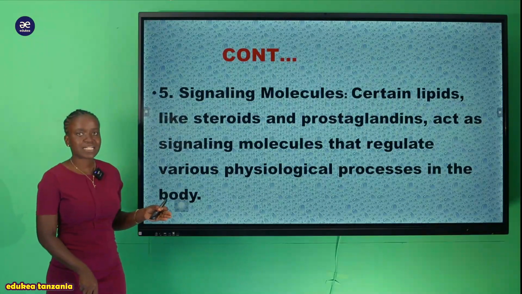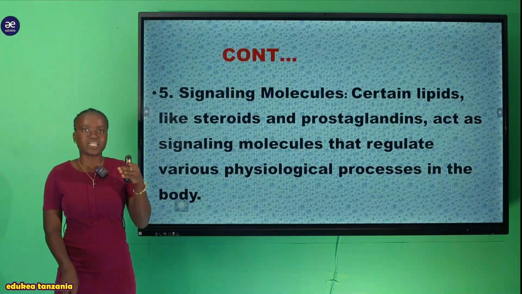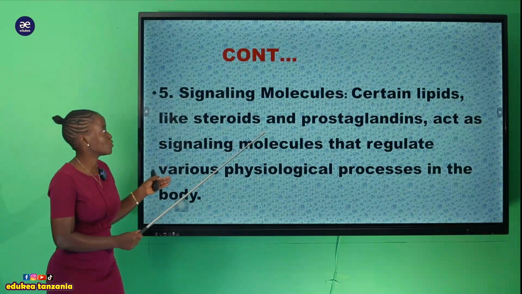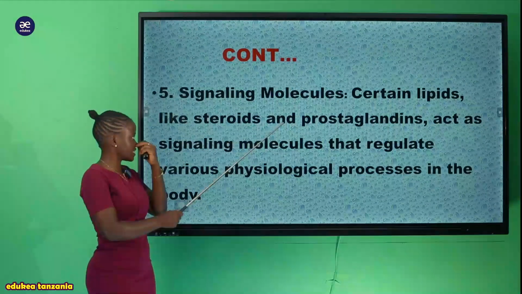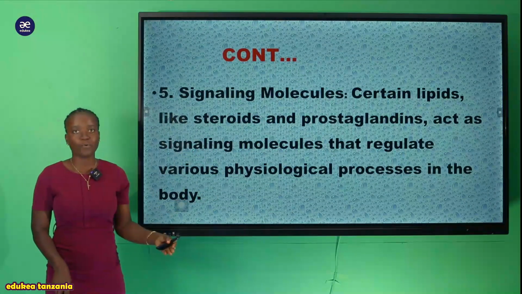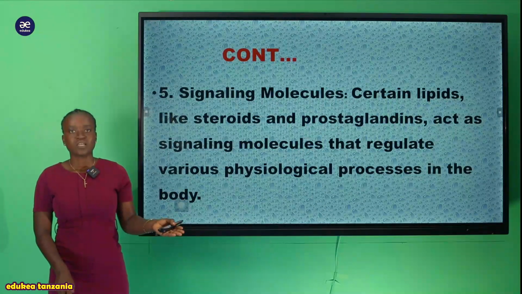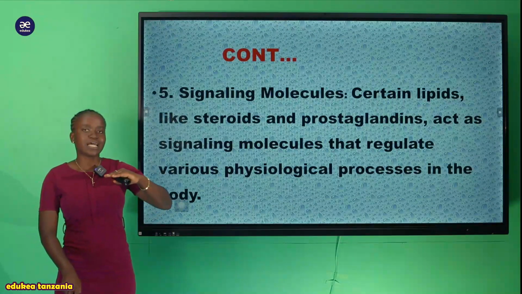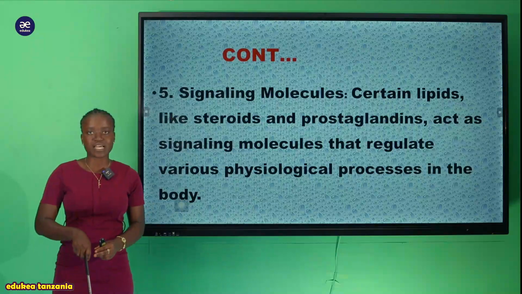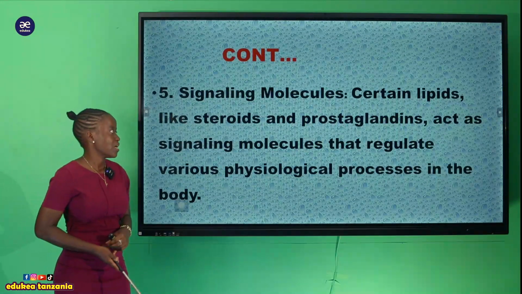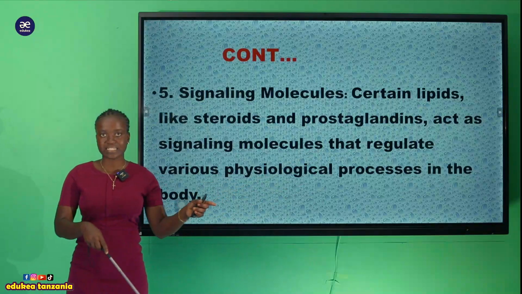So now you can see that the property of the lipid tends to be a signaling molecule, that is the prostaglandin hormone. These prostaglandins are mainly found in males. While we discuss reproduction, you are going to understand the functioning of this prostaglandin hormone.